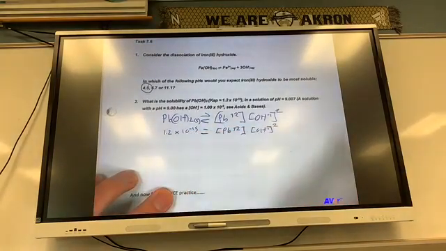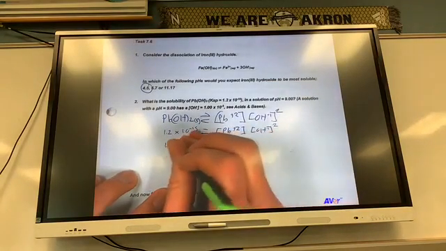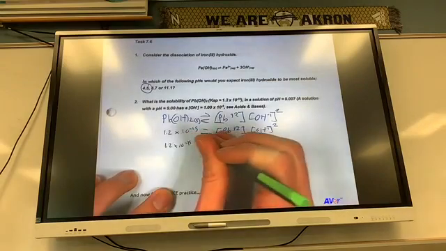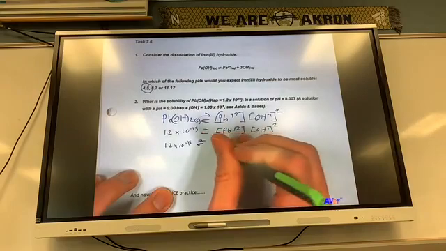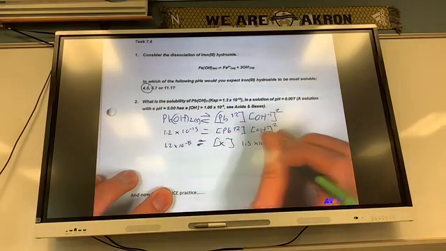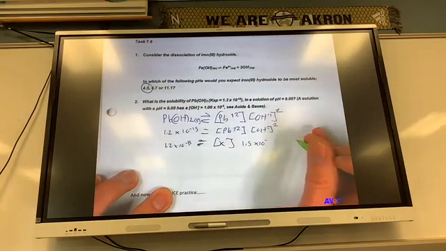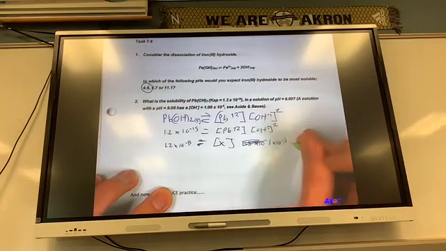On this one, they gave me the OH, right? So 1.2 times 10 to the negative 15 equals X times 1 times 10 to the negative fifth.